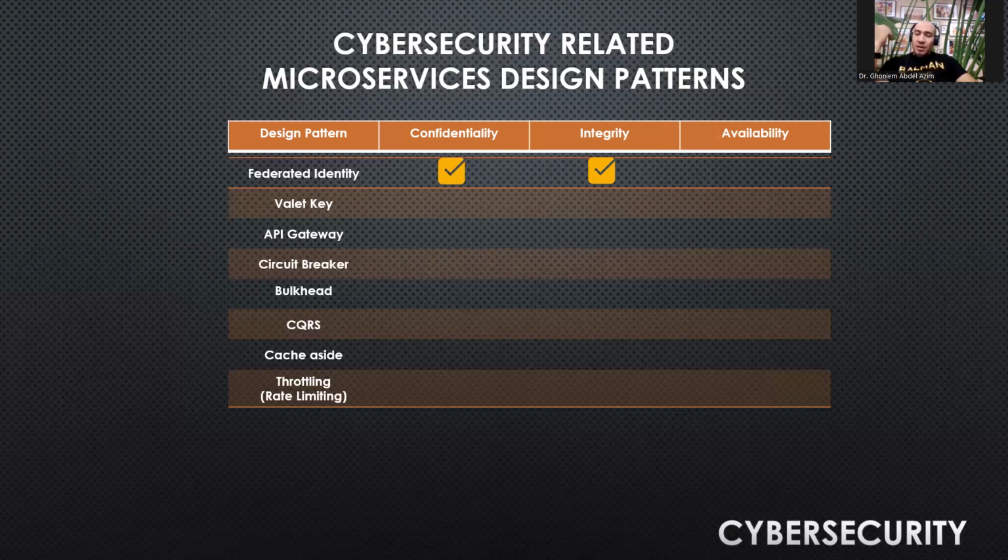Why? Because federated identity management, like single sign-on, generates for you a JWT token, and this token carries the responsibility for real identity management from the encryption perspective, from the session lifetime, and from the role-based model that can be applied on the token.